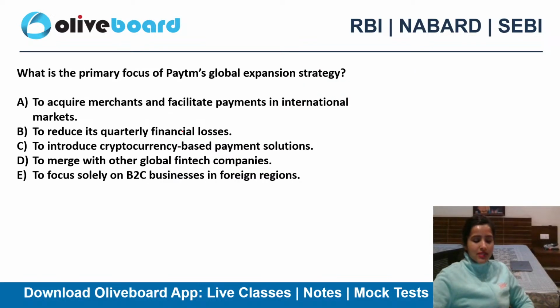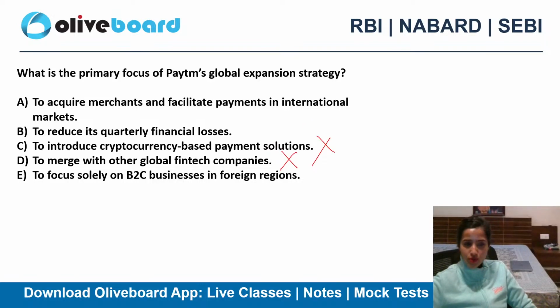So based on this, let's understand what is the answer to this question. What is the primary focus of Paytm's global expansion strategy? To acquire merchants and facilitate payments in international markets, to reduce its quarterly financial losses, to introduce cryptocurrency based payment solutions. We did not talk about this at all. To merge with other global fintech companies.